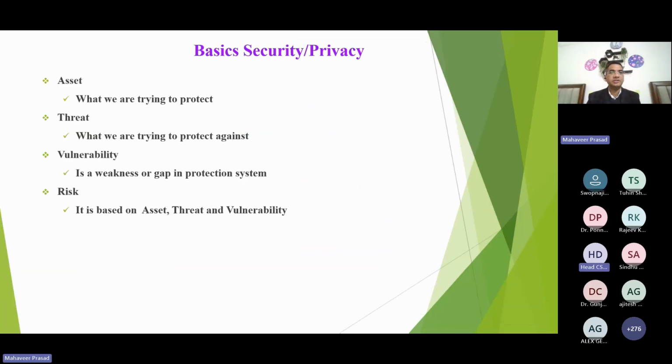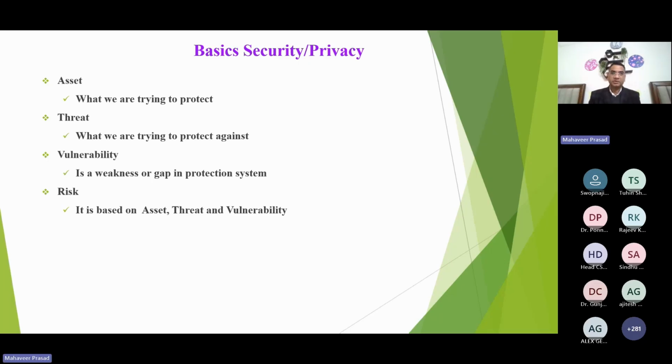If you see this first slide, we have to understand what we are protecting, or why we are providing security. So, what is an asset? An asset is what we are trying to protect, and you can think of the same thing in terms of AI. In AI, we will protect our model, data, and the training process.